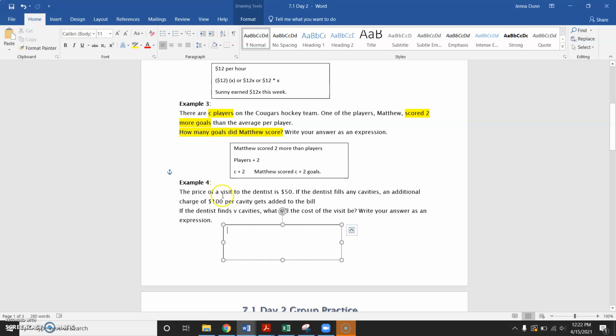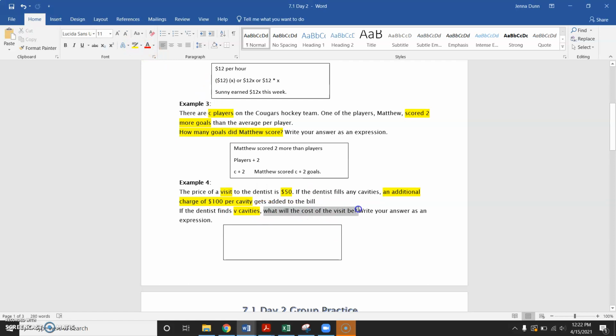So let's highlight the things that are important here, okay? A visit is $50. I'm going to highlight both of those things. Cavities are an additional charge of $100 per cavity. That's important, okay? The dentist finds V cavities. That's important.